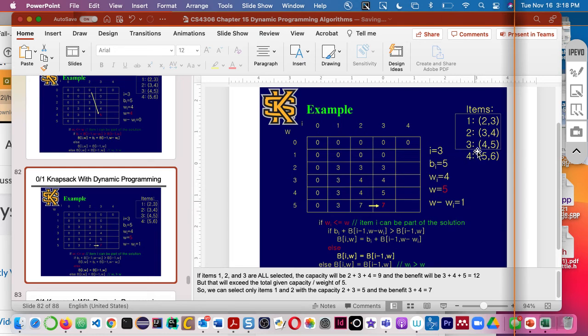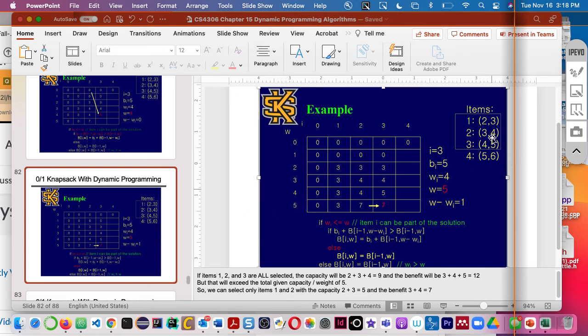At this point, all 3 items are available, right? But of all 3 items, which can you take to get maximum benefit? Or what will be your maximum benefit? You can take 5, right? This is your weight limit.